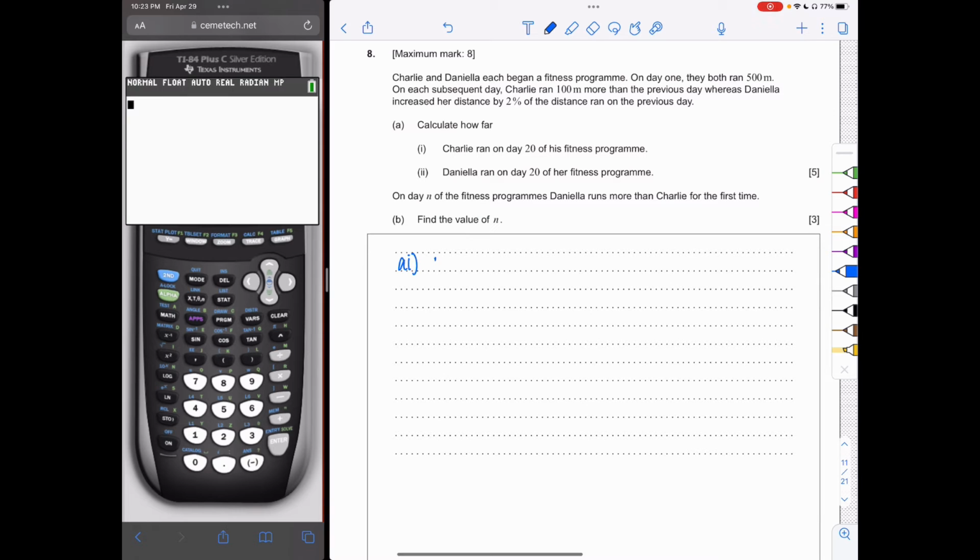So I'm going to have u sub 20 is equal to u sub 1, which is 500, plus 20 minus 1 times 100. And if I put that into my calculator, 500 plus 19 times 100, I get 2,400 meters.